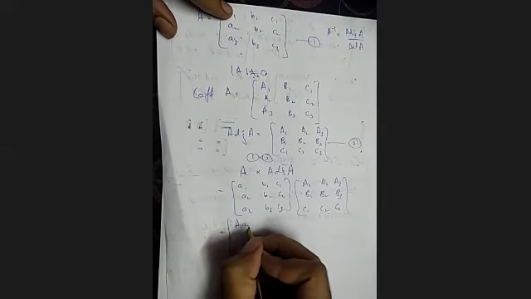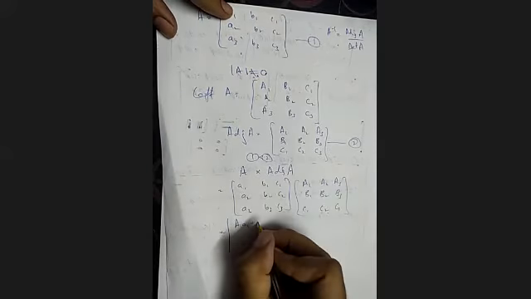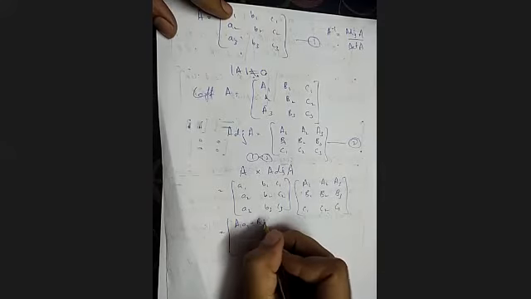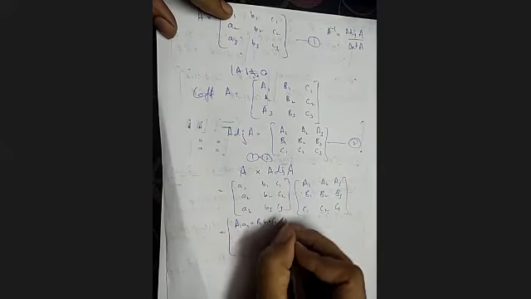Now multiply. How do we multiply in matrix? Rows into columns. So multiply row into column: capital A1, small a1, plus capital B1, small b1, plus capital C1, small c1.